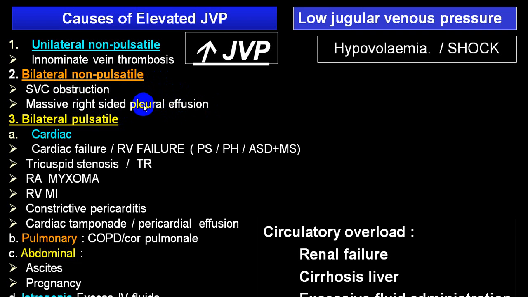Not very common, rare. Only one answer should be given if a question is asked. Bilateral non-pulsatile, only superior vena cava obstruction, and unilateral on the left side, mainly innominate vein thrombosis. Or you can mention internal jugular vein thrombosis. So those will be the conditions.